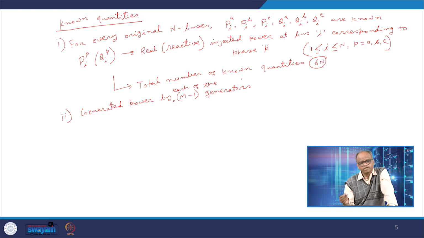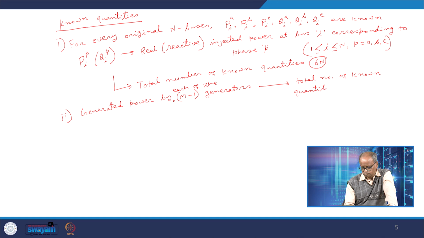One generator we will keep as a slack, for which we would calculate the power after the load flow is computed. So the total number of known quantities here is m minus 1.